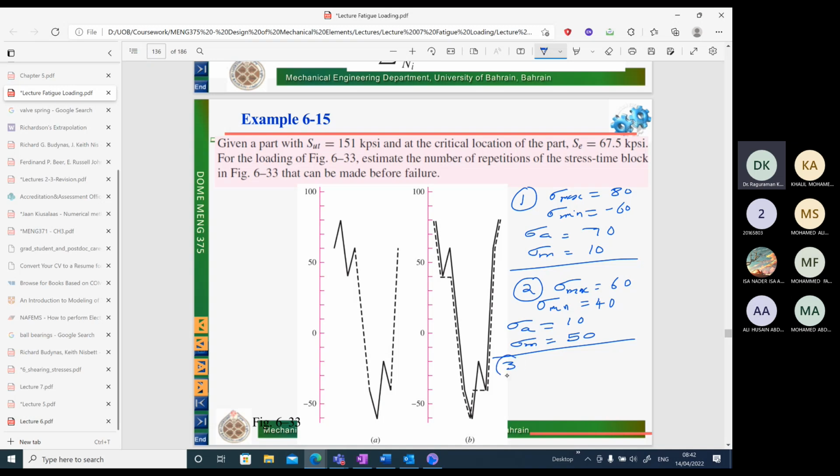Let's go for the third cycle. And we have to specifically, let's see here. Since we went to the maximum value, these are the values we should take. Minimum will be minus 40 and the maximum will be minus 20.